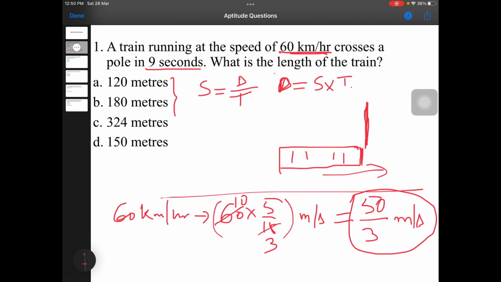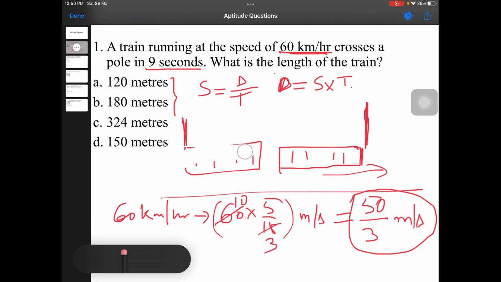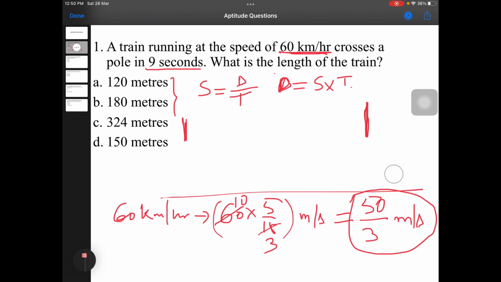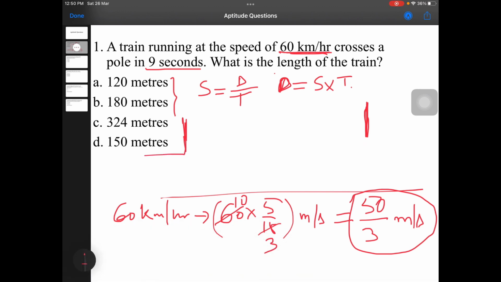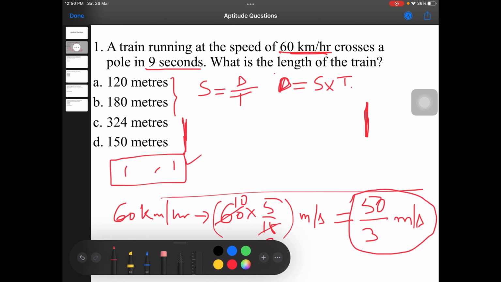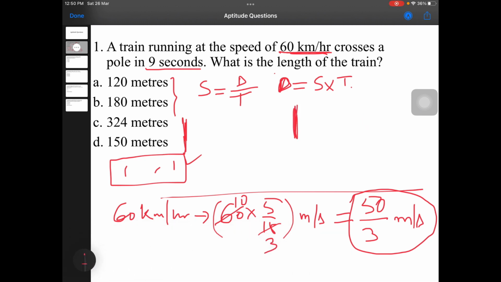I'll draw another picture. So this is a train. Suppose this is our first picture. This is the front part of the train, and then this is the second picture.